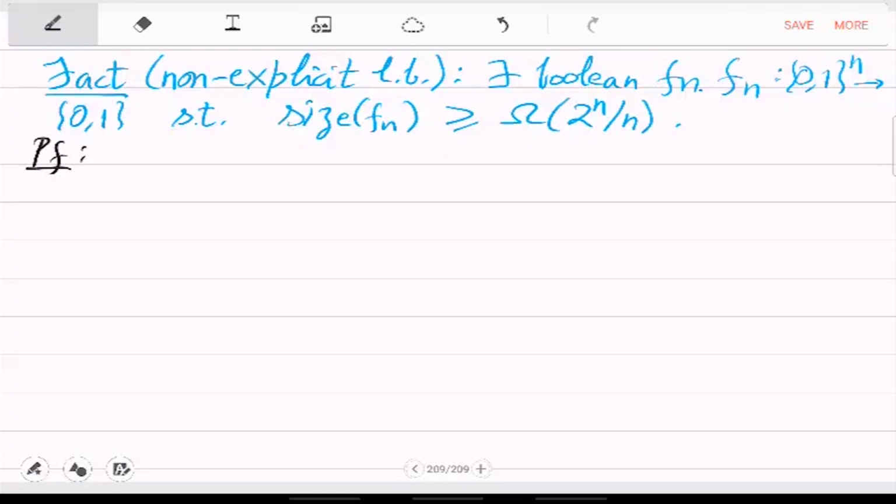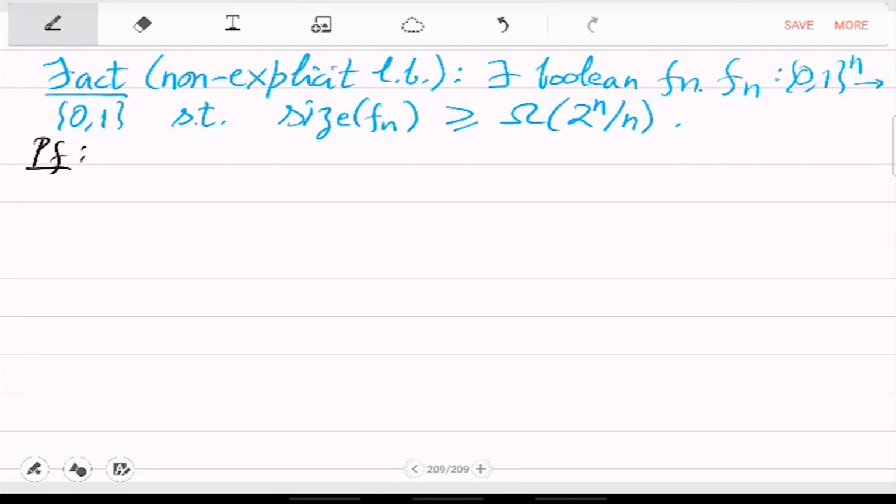So, we can show that in fact, if you just pick Boolean functions in a random way, almost all the Boolean functions do require size of the order of 2 raised to n, and to be precise, the size required is more than 2 raised to n by n. But then we cannot say anything about the explicitness.